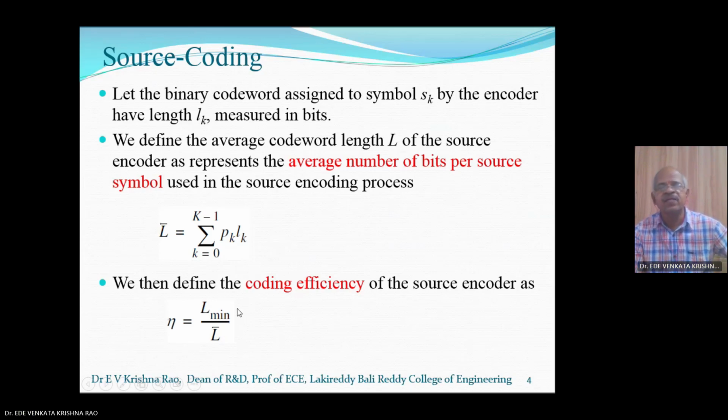Sometimes, because some probabilities have only a small difference, source symbols with different probabilities close to each other may have the same code length. That is why the efficiency will decrease. The efficiency is the minimum code length required divided by the average code length.